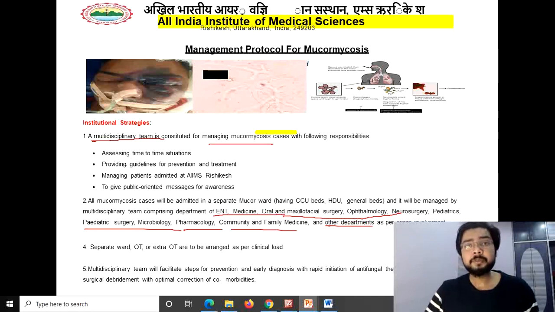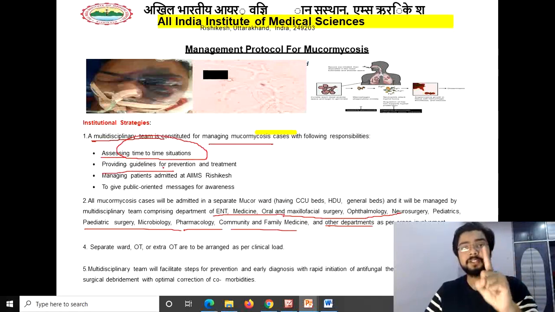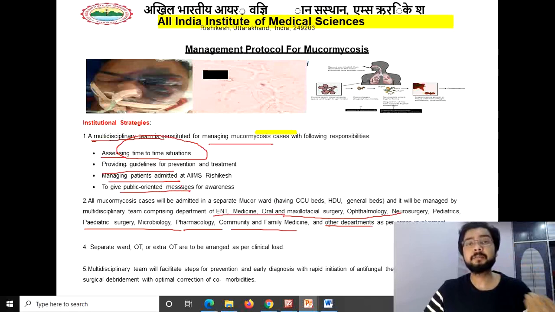What are these people going to do? They are going to assess the situation from time to time, provide guidelines for prevention and treatment, manage the patients, and give public-oriented messages from the learnings they have with this epidemic, the treatment they are offering, and the results they are getting, right?